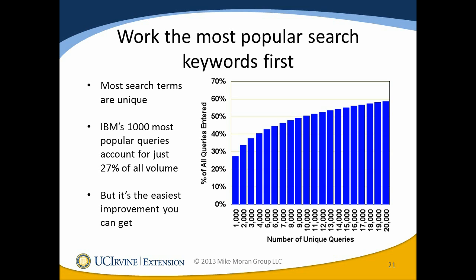So you can't only work on it keyword by keyword through the popular ones. There are other things you have to do too, which we'll talk about before we're done here. But the easiest thing to do is to focus on the most popular pages individually, because even looking at 1,000 pages in this case can affect 27% of the searches that you want to have come to your site.